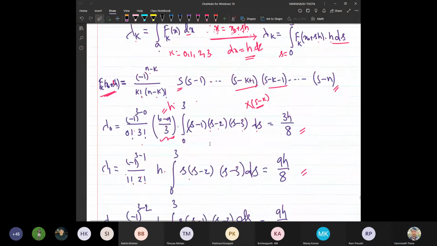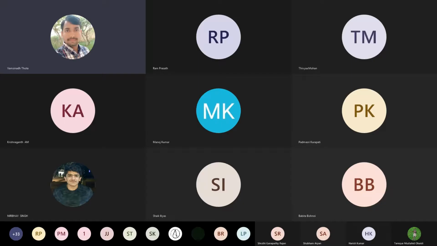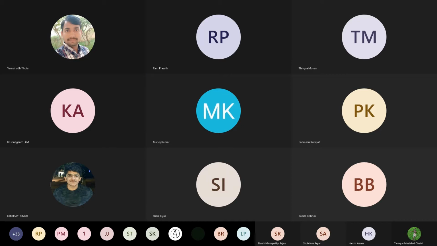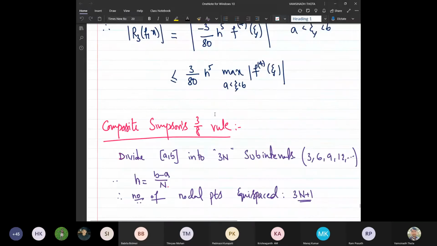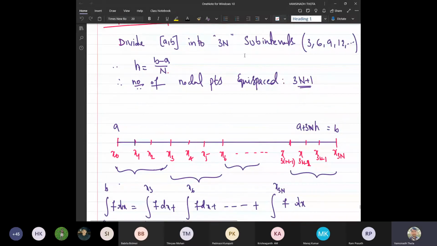That is the reason we have to divide the entire interval a comma b into 3n subintervals.